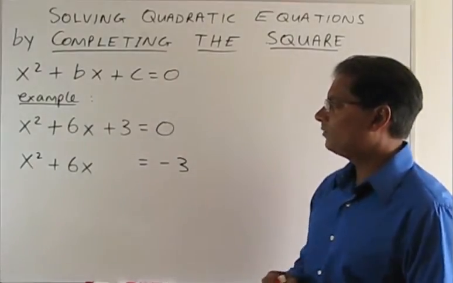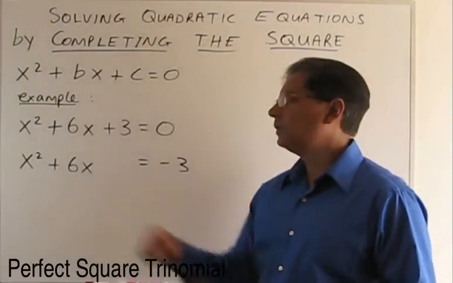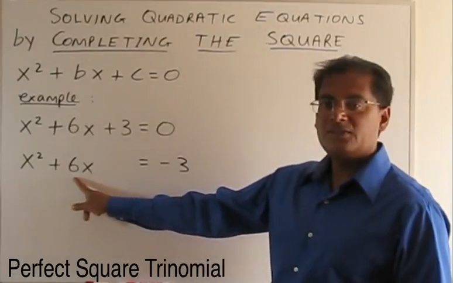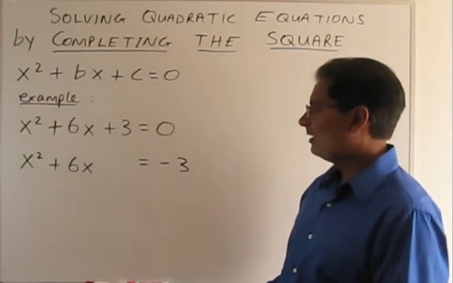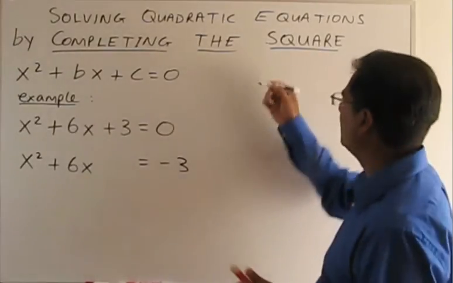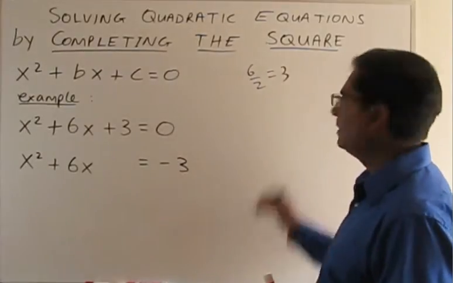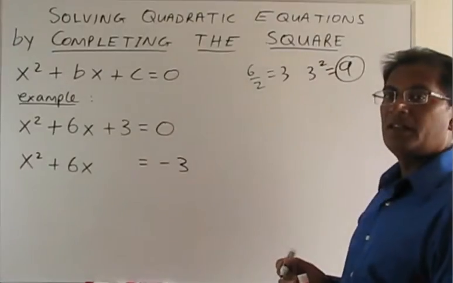So now completing the square means we want to make this on the left side a perfect square trinomial. And the way to do that is we take half of this number next to the x and square it. So half of 6, in your head you're thinking 6 divided by 2, that's 3. Half of 6 is 3, and then 3 squared, that's 9. So that's the number we want, 9.